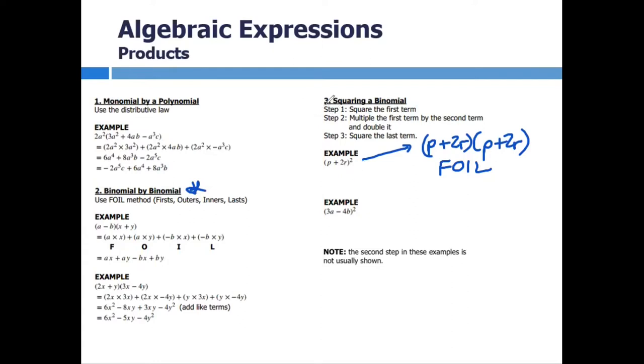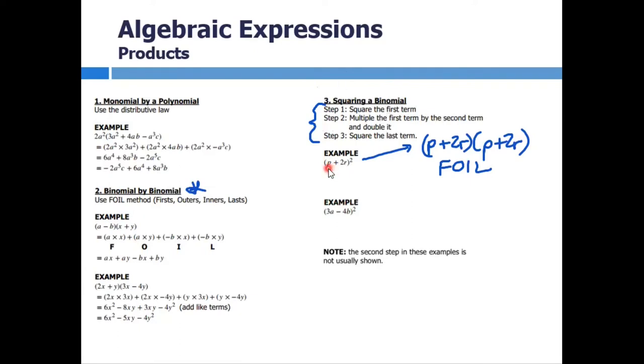But it is time to start getting used to the fact that we've got more than one term here. So square the first term, multiply the first term by the second term and double it, and then square the last term. That is something that you should be able to do in your head and get straight to the answer.